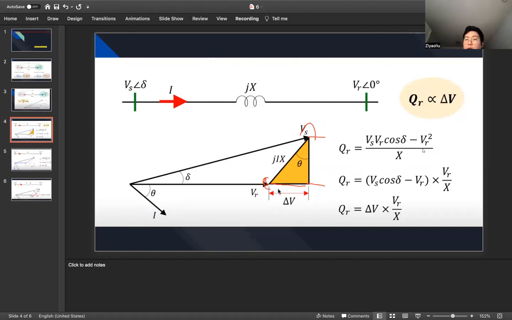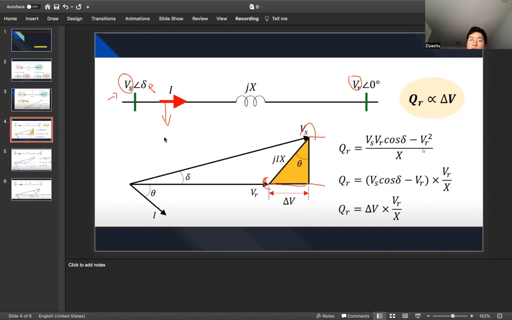Reactive power from the power flow, I said, is related to this magnitude, right? The real power is this angle, but reactive power is the magnitude, right? Because of theta. So look at that.